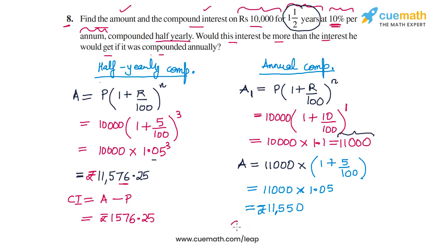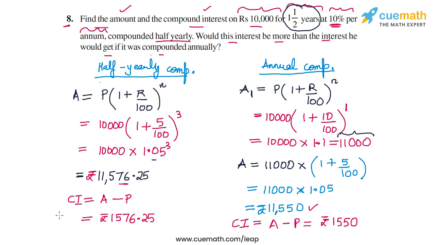And this means that it will be the compound interest only, because compounding is happening on an annual basis. So compound interest in the second scenario will again be the amount, which is 11,550 minus the principal, which is 10,000. So in this case it will be rupees 1,550.